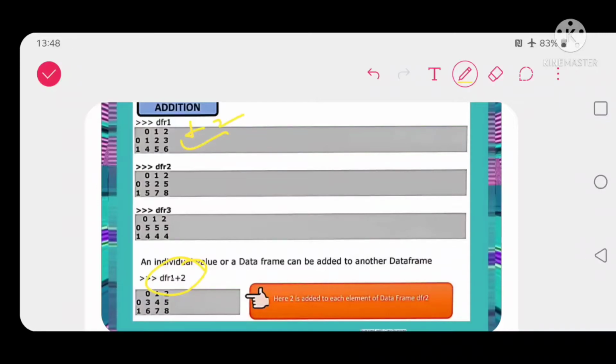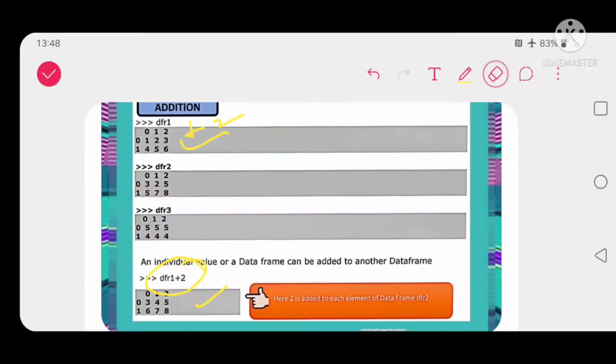You can see the output here: 1 plus 2 is 3, 2 plus 2 is 4, 2 plus 2 is 4. You can see all the elements increase by 2. This is called addition of a scalar value to the frame. Clear?